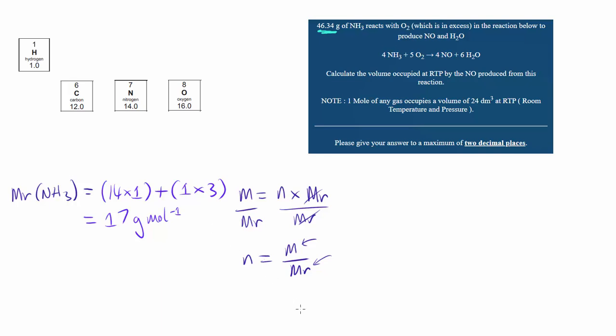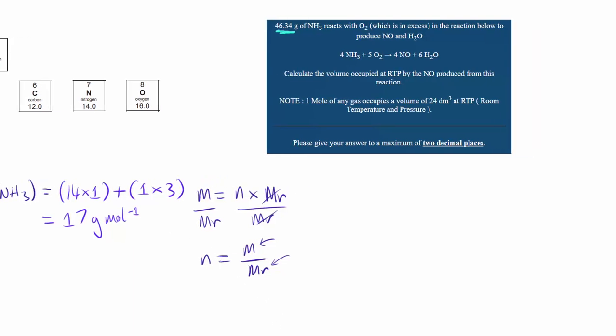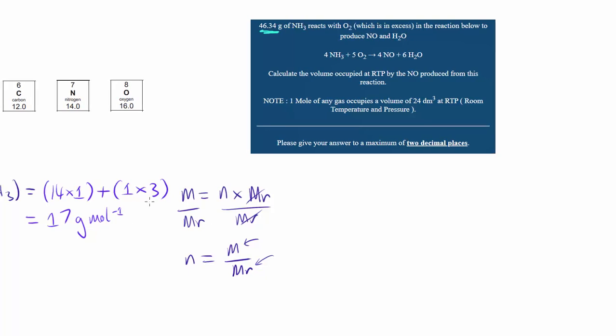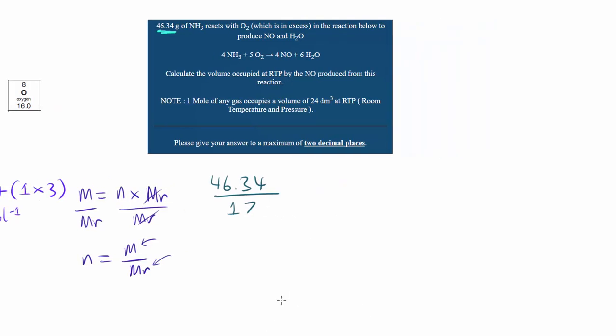Now, let's put the equation together, so let's plug this in. It's going to be 46.34 divided by the 17. If you have a go, work out what that would be.